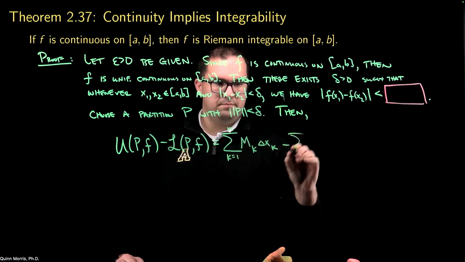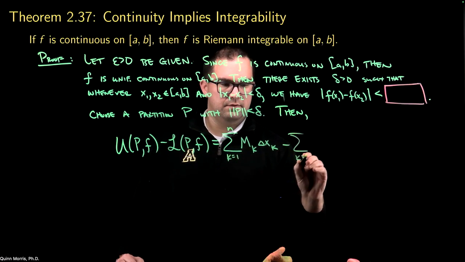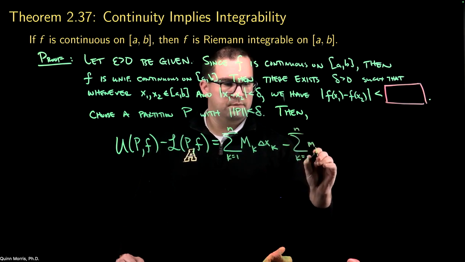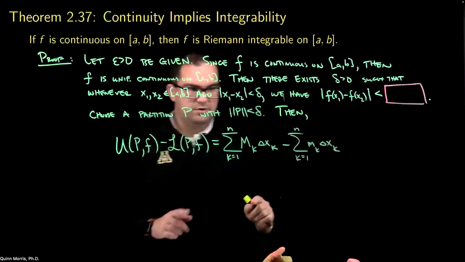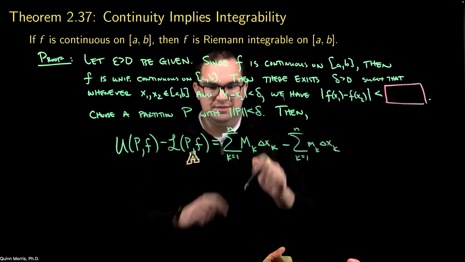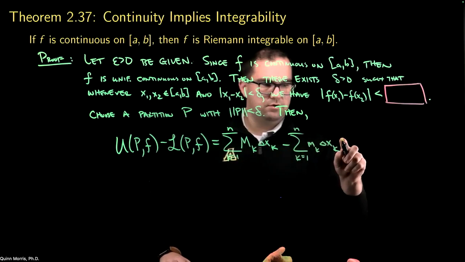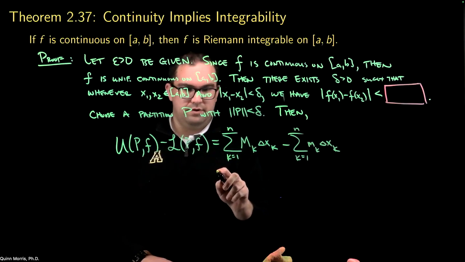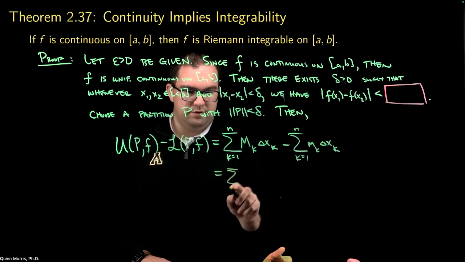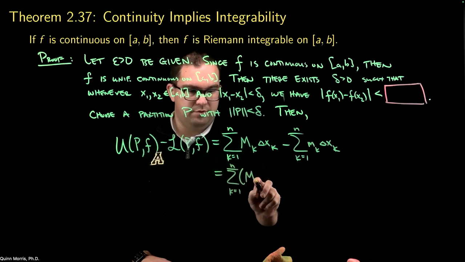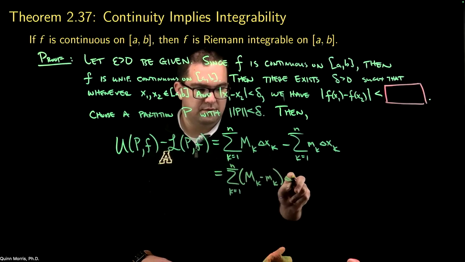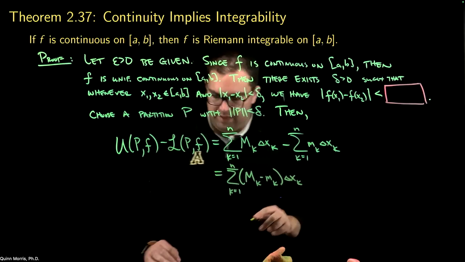And the lower sum will be this. Okay, and I noticed that I could combine these sums, right? So I could combine these together, and I could write this as capital M sub k minus little m sub k times delta x sub k.